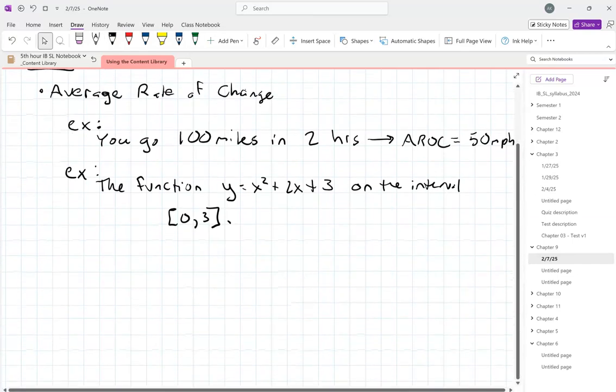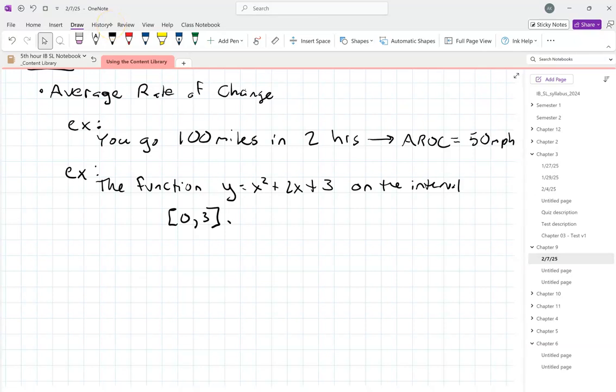So what are we going to be doing here? What is this going to mean? If we abstract this now, instead of having a distance and a time, you're given a function and an interval.